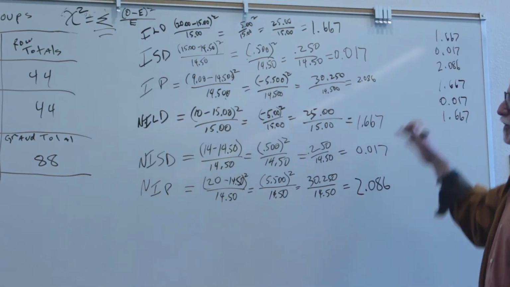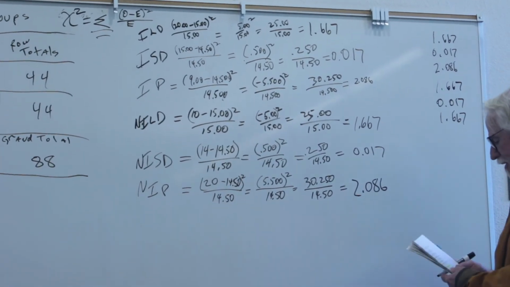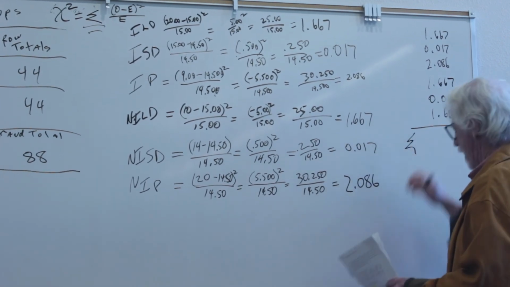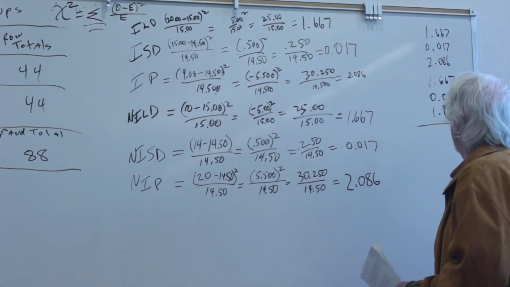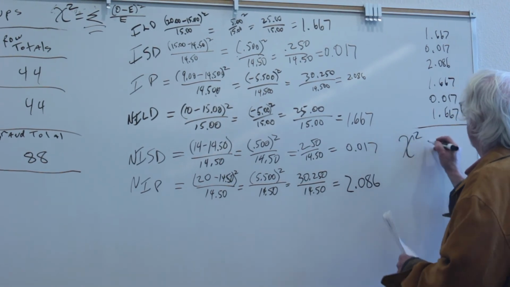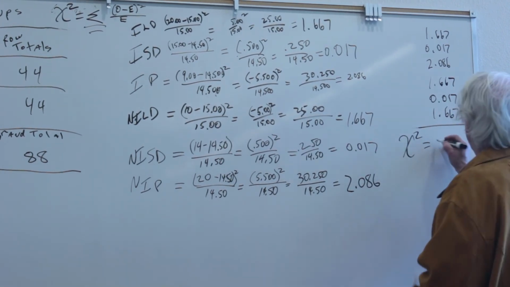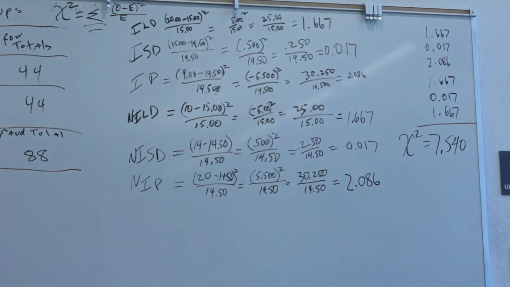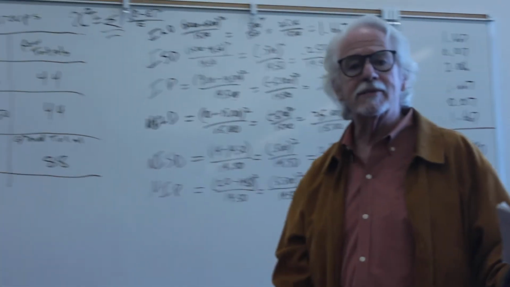And of course, this worked out this way, but it doesn't always. And so my sum, or x squared, is actually equal to 7.540.